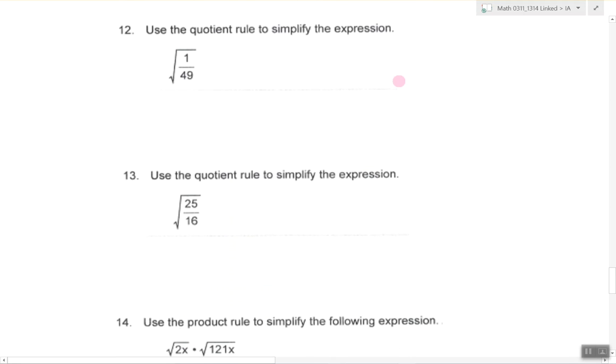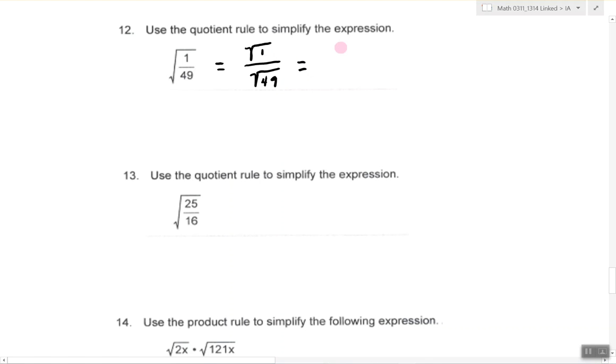We have a couple of problems where they ask us to simplify, and it looks like the square root of a fraction, but let me make something very easy for you. To take the square root of a fraction, all you have to do is break that radical into the square root of the numerator over the square root of the denominator. We will have more lessons where we work with things like this. Our problems in this lesson are rigged, so these are perfect squares.